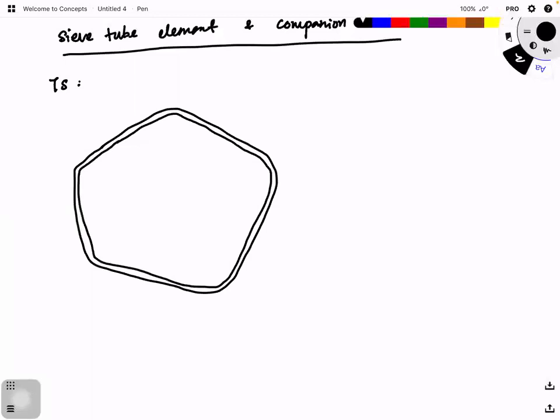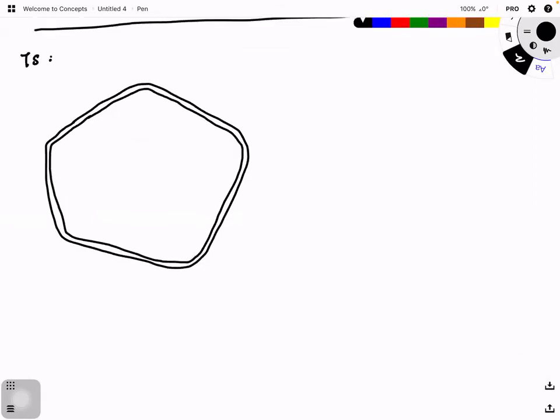Each sieve tube element has one companion cell. The shape of the companion cell is quite small compared to the sieve tube element, and the shape sometimes will be rectangular or triangular.